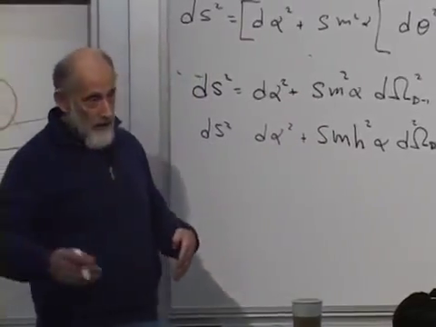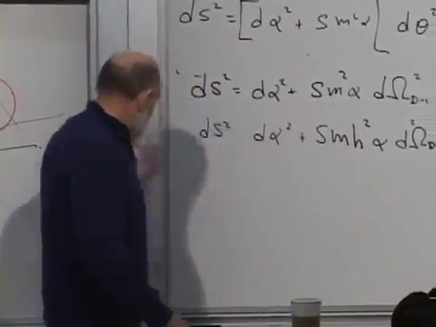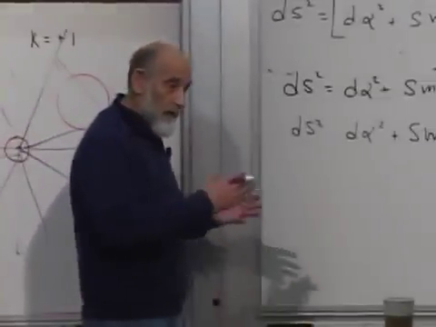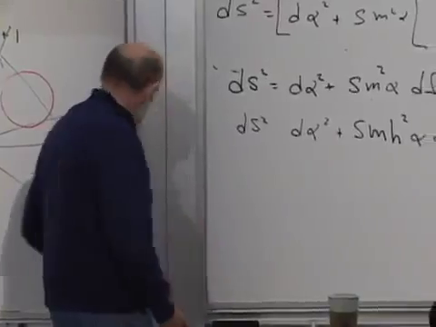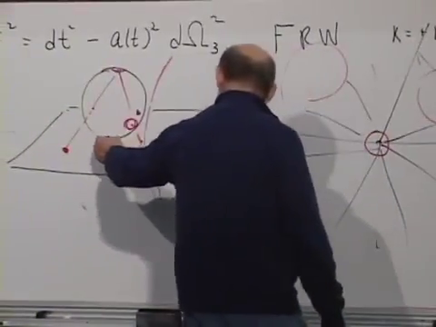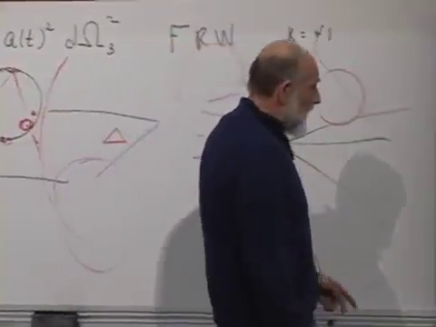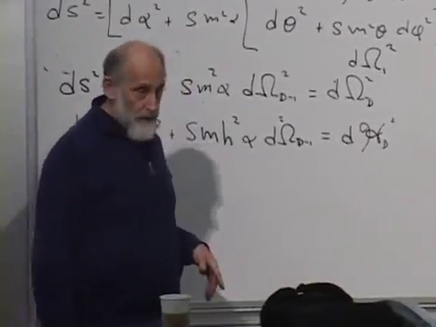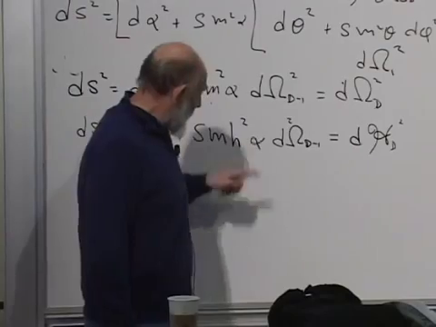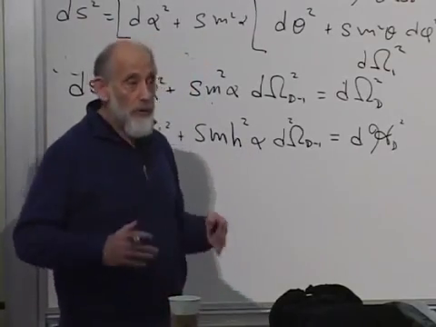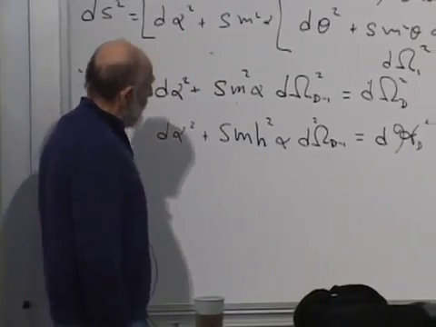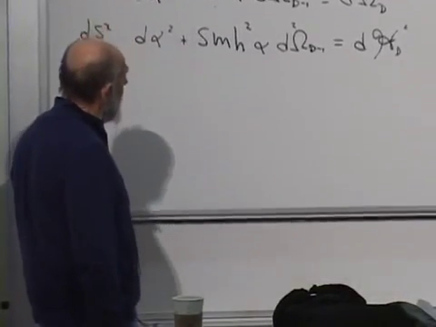They come back to themselves, or at least sine being 0 comes back to itself after alpha becomes equal to pi. So you start from 0 size and you go back to 0 size. The hyperbolic sine is not a periodic function, and alpha just goes from 0 to infinity.